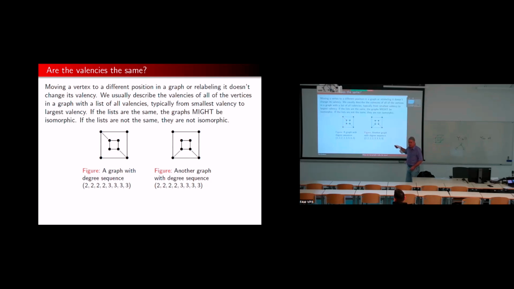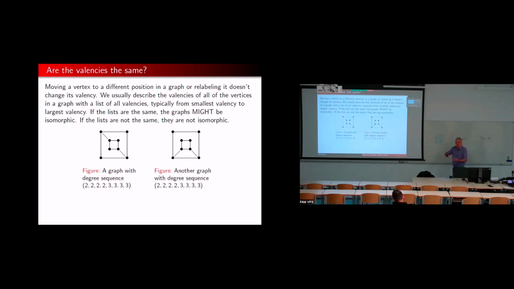Now, this one, it's got a vertex of valency 3 here, 2 there, 3 there, 2 there, 2, 3, 2, and 3. And so if you list them, typically, you want to list them from largest to smallest or smallest to largest. I think when I was a student, we were supposed to list them from smallest to largest, but if you go to Wikipedia, you're supposed to list them from largest to smallest. And of course, it doesn't matter at all.